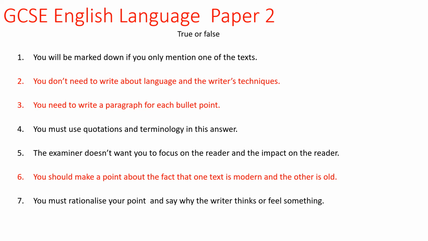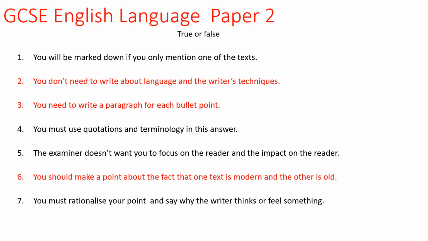Number five, the examiner doesn't want you to focus on the reader and the impact on the reader. That's true. Okay, do not talk about the reader for this question. There are no marks. Okay, and it stops you from talking about the writer. So focus on the writer. Number six, you should make a point about the fact that one text is modern and one text is old. That's false.